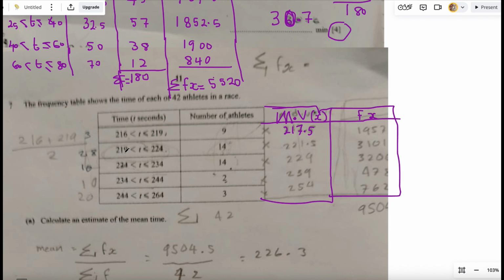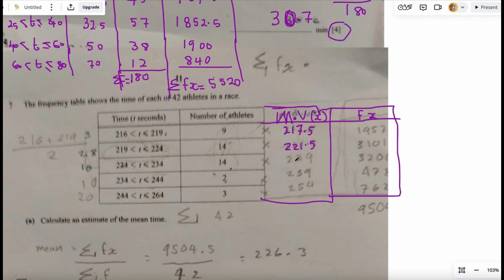Then the next one is 219 plus 224. You add them together, you divide by 2. You get 221.5. Then the next one is 224 plus 234 divided by 2. You get 229, right?